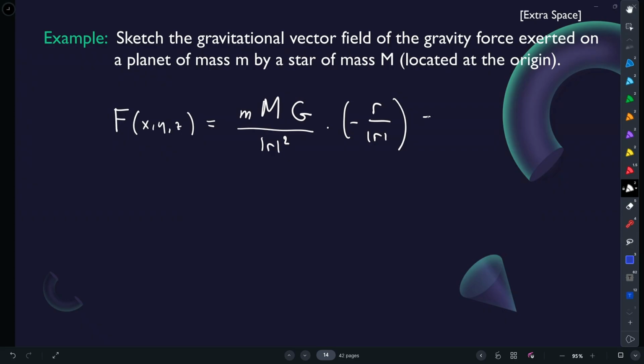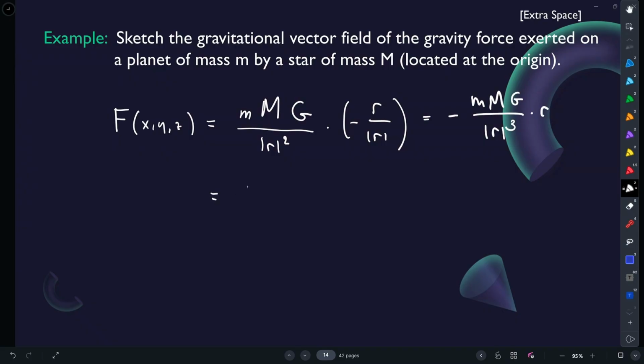And what I get is that the gravitational vector field is minus mMG divided by the length squared times r, length cubed. Like that, okay? What does that look like in coordinates?